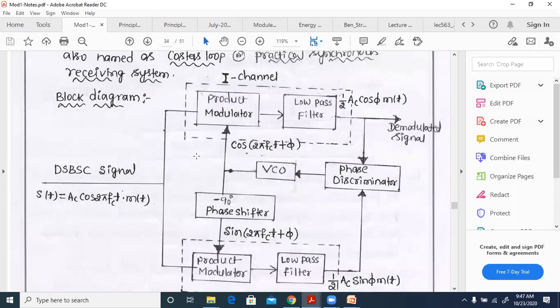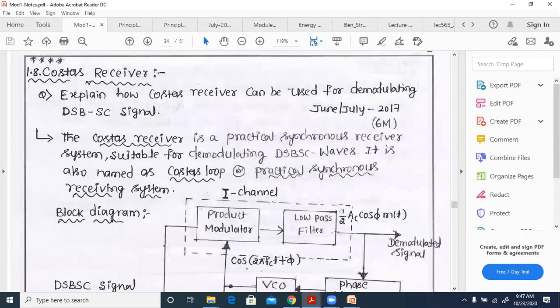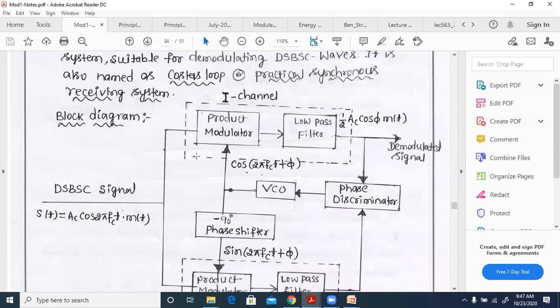This is the Costas receiver. Phase discriminator is there here in the Costas receiver for DSB-SC.